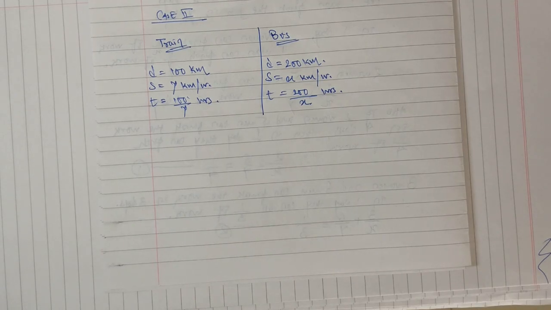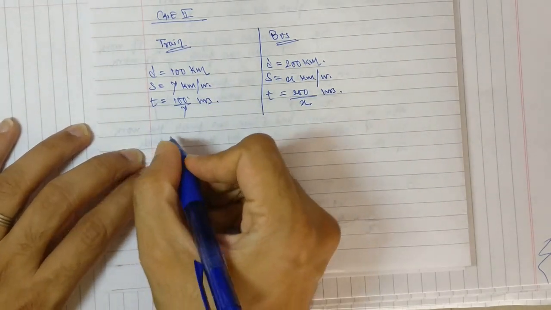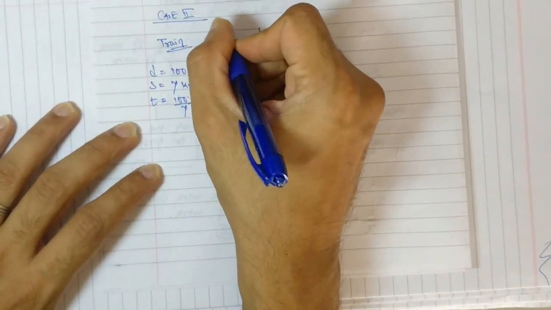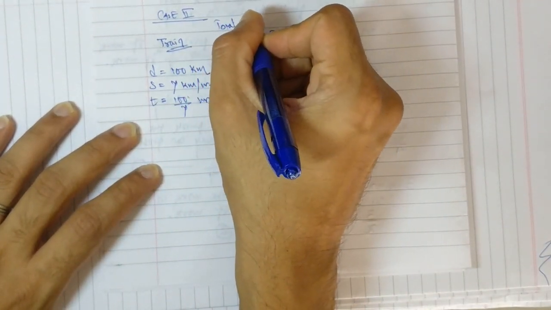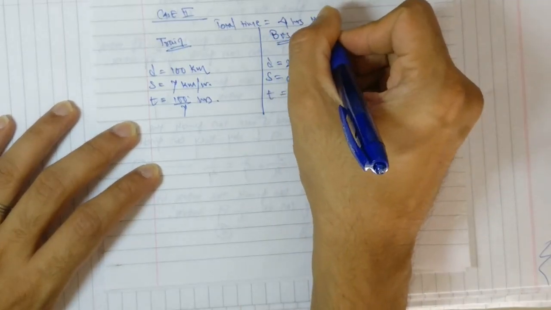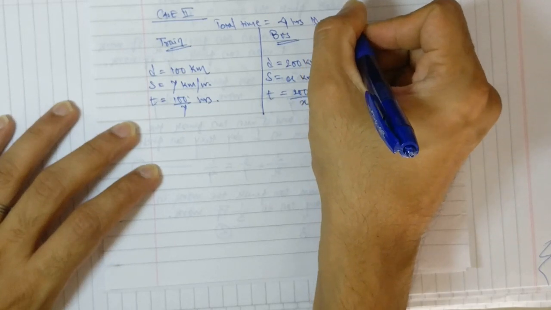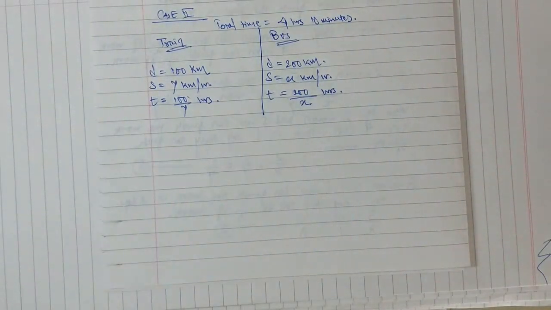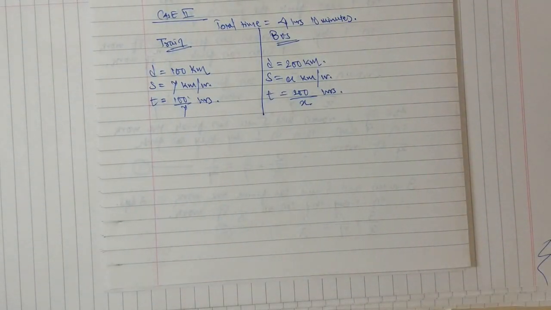So in the second case she is going to take 4 hours 10 minutes to complete her journey. So total time is equal to 4 hours 10 minutes, right? 4 hours 10 minutes.